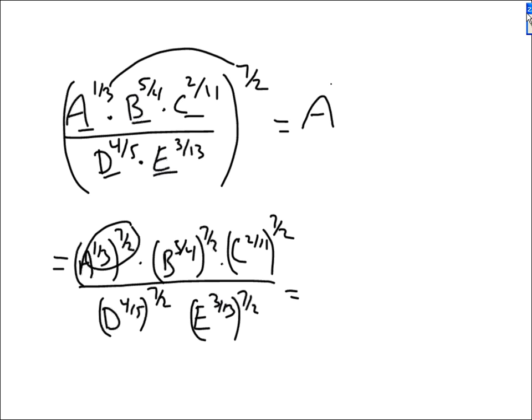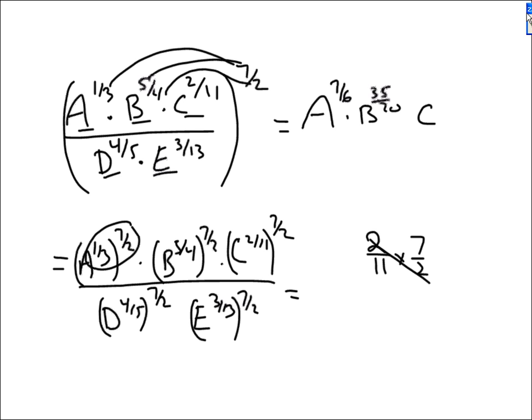This is a to the 7 over 6 times b to the 35 over 8. 5 times 7 is 35. 4 times 2 is 8. c, just multiply 2 over 11 by 7 over 2. The 2's cancel. You get 7 over 11.